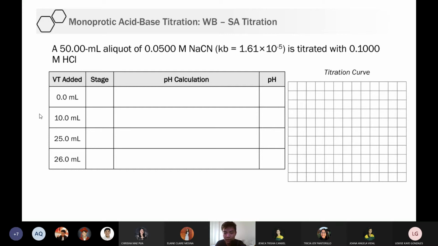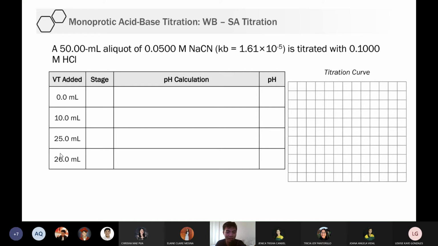After nun, hanapin si VTEP. Ang shortcut ko, mental na lang: yung mga non-zero digits, yun yung i-multiply mo. Multiply, divide. Try natin. 5 times 5, 25, divided by 1, 25. So, yung may 25 dito, yun yung VTEP.